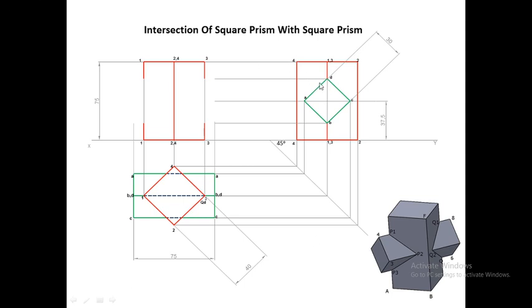Similarly, you have to draw two vertical projection lines from point A and from point A again. Now complete the rectangle in the front view by extending these projection lines. So we have completed the rectangle in the front view.